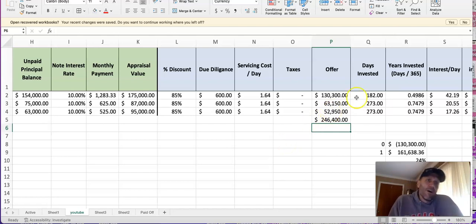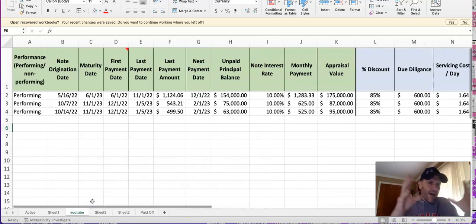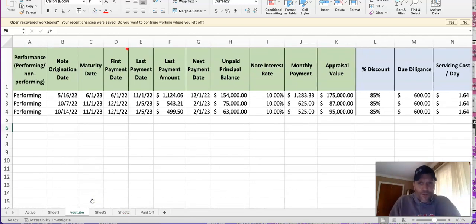Let's see, and then the days invested, because this is a short term. Some of these are out of the 9. Some of them are short term. So if you look at when the next payment is due, and this was 12/1. They're not behind. They've already made their payment, but I just left the payment in there just to show the example.